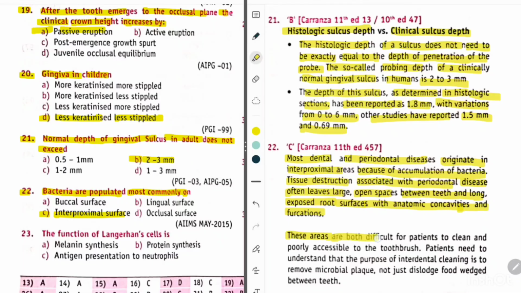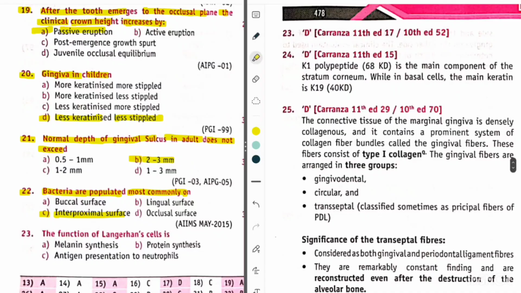These areas are both difficult for patients to clean and poorly accessible to the toothbrush. Patients need to understand that the purpose of interdental cleaning is to remove microbial plaque, not just dislodge food wedged between the teeth. So, the bacteria are populated most commonly on interproximal surface.